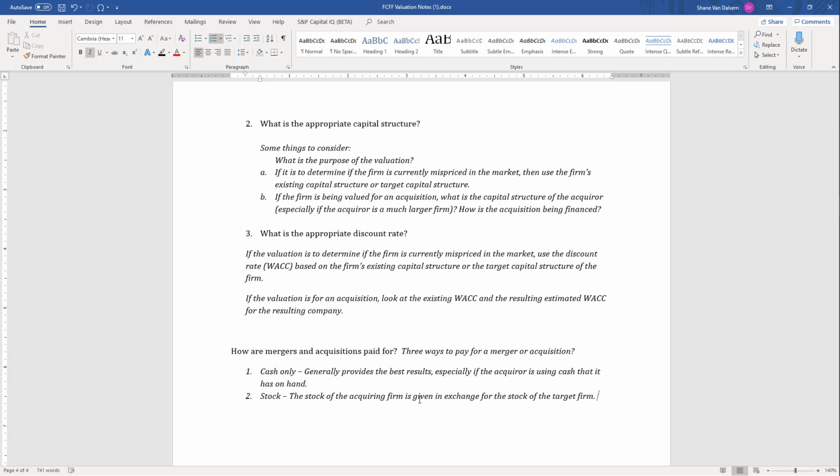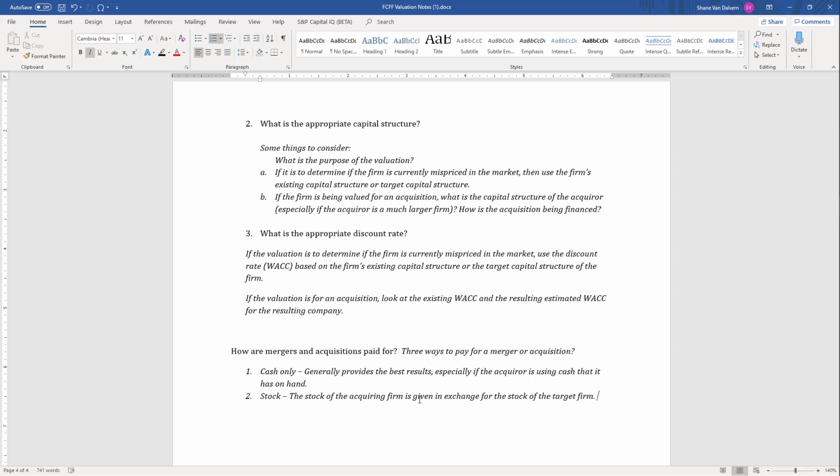And at that time, the B shares of Berkshire Hathaway were divided up, and the value was brought down to $75 a share, and at that price they could exchange shares with the stockholders of BNSF. Generally not the greatest way to pay for a company, especially in terms of outcomes.